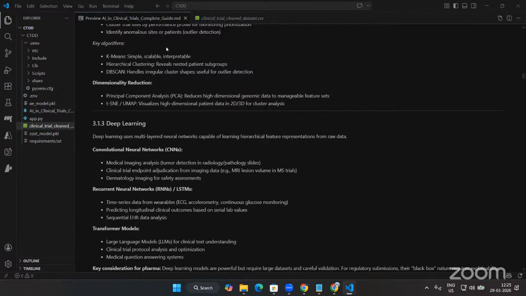For example, if the cost is getting affected by the number of sites, and the cost is also getting affected by the number of patients, can we design a formula so that we can merge these two values and bring one column, one feature, out of these two?